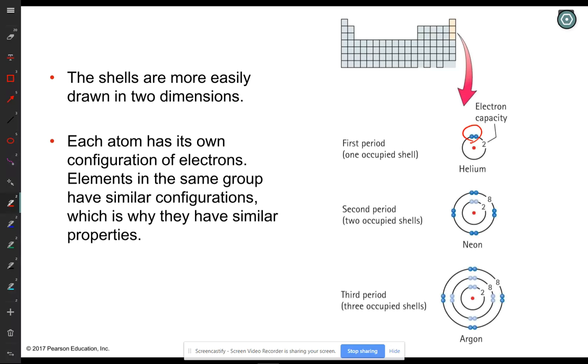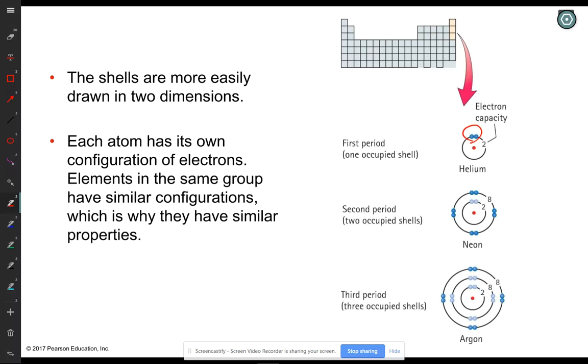We go down to the next one, neon. We still have the 2 electrons in the inner ring that nobody ever draws. But then in the next ring, we have 8 electrons. And notice that the 8 are paired up, 2, 2, 2, 2. When you put those electrons in, for anything except hydrogen and helium, you're going to start by putting 1, 1, 1, 1, and then you pair up if you have more.